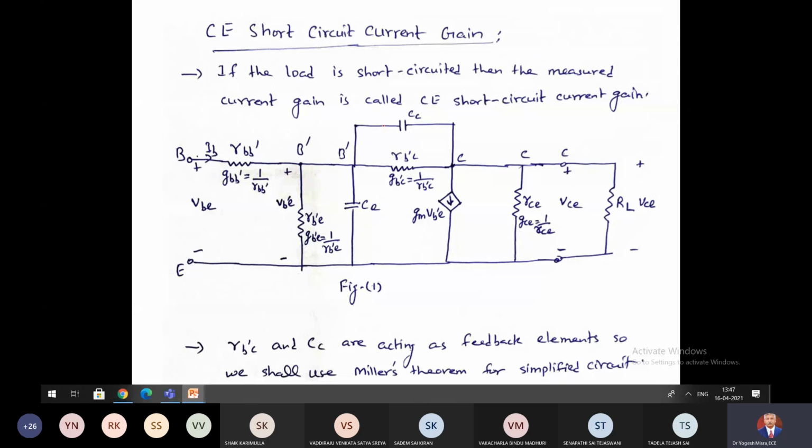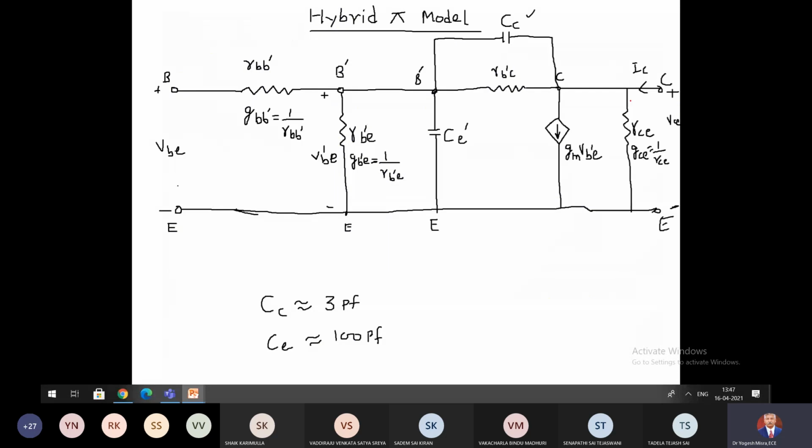This is the hybrid pi model. So here we have two capacitances, CC and CE. These capacitances are formed due to the internal architecture of a transistor.